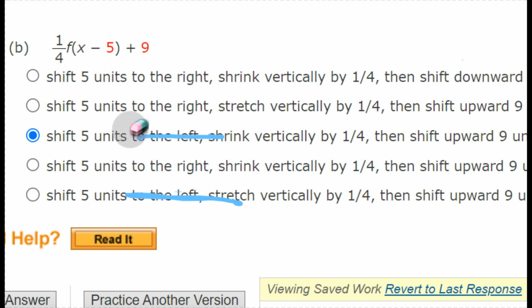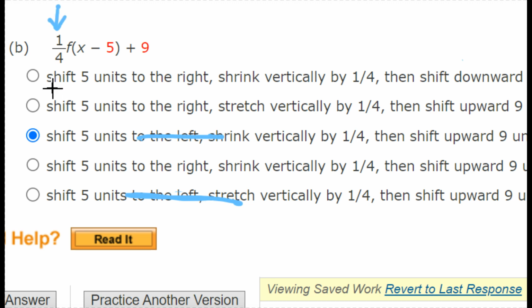And then you have, well, what an odd way to word it. I mean, when I multiply by a number here, it's always some kind of stretch.